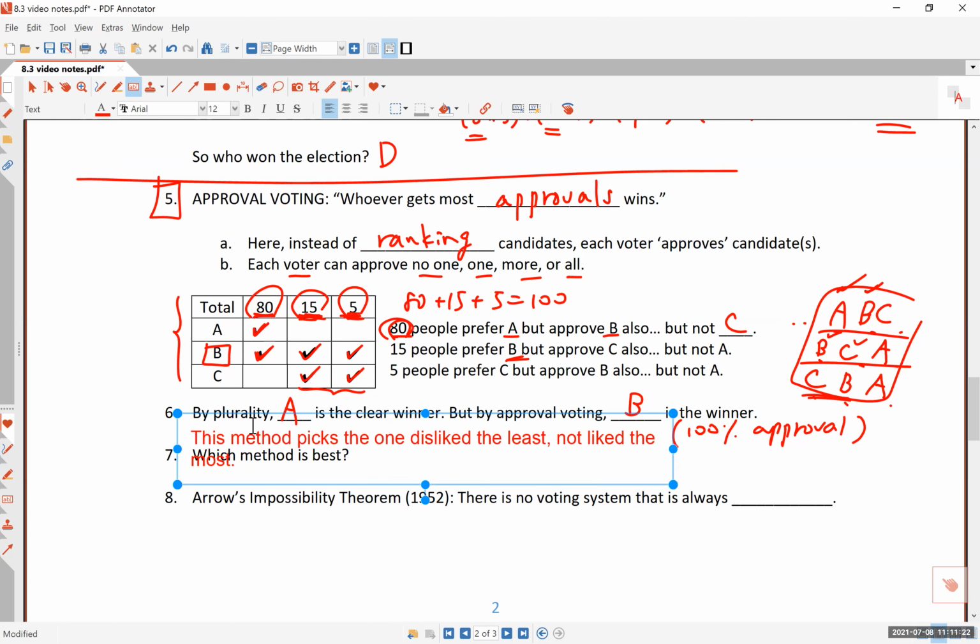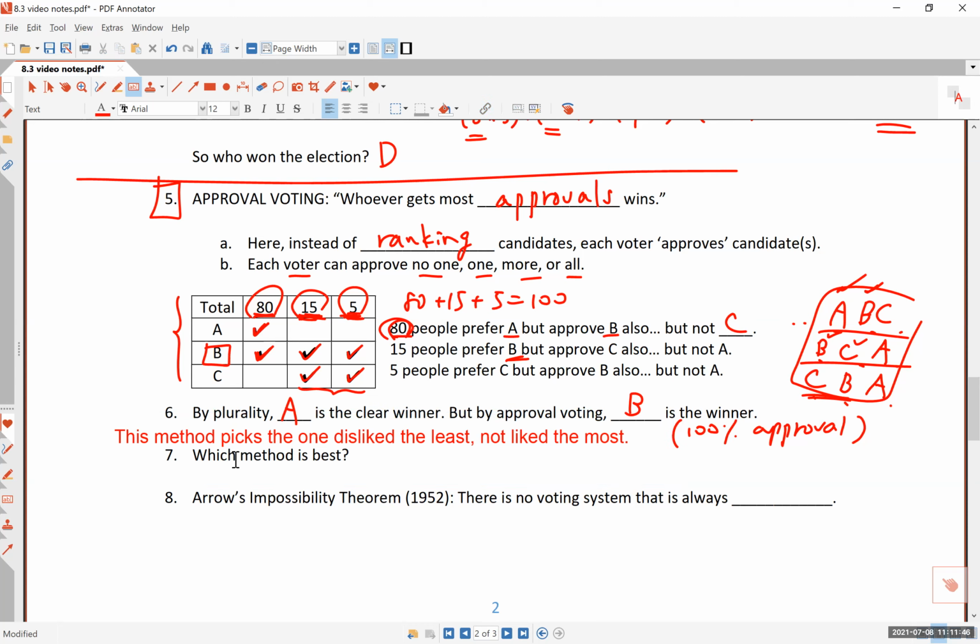Do you see the difference between these two? A is liked the most. A is preferred by most people. But in approval voting, the person who is liked the most is not the one that's going to be chosen. In the approval method, the person who is disliked the least will get to win. And so that's the difference.